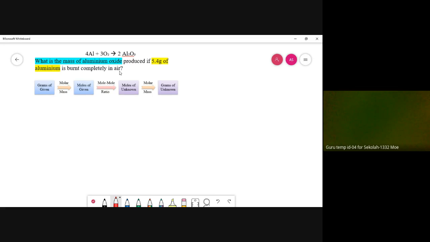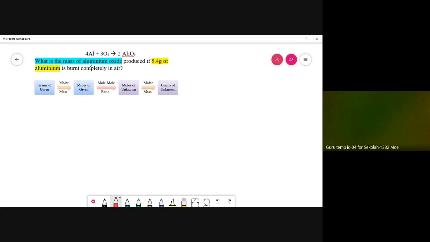The question asks us, what is the mass of aluminium oxide produced if 5.4 gram of aluminium is burned completely? From the question, you know that it already gives us the mass of aluminium, ni yang 5.4 gram ni. And it also asks us to find the mass of aluminium oxide.